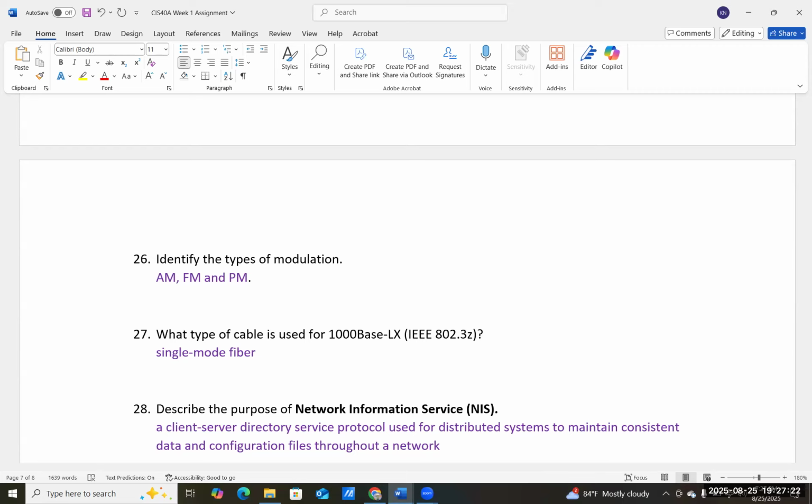So the type of cable that you use for LX, this is to give you a way: you see the X, and if you see the 1,000 base, that means that you're using fiber, and it uses single mode. We talked about the difference between single mode and multi-mode. So for this particular classified standard, we're using fiber.